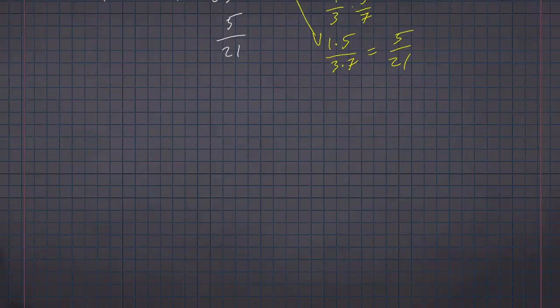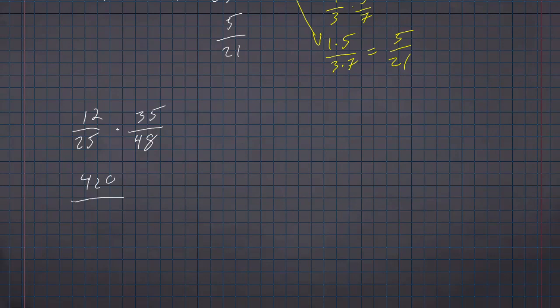Consider something quite a bit nastier: 12 over 25 times 35 over 48. If you just follow the basic rule of multiplying fractions, you get 12 times 35, which is 420. You get 25 times 48, which is 1,200.